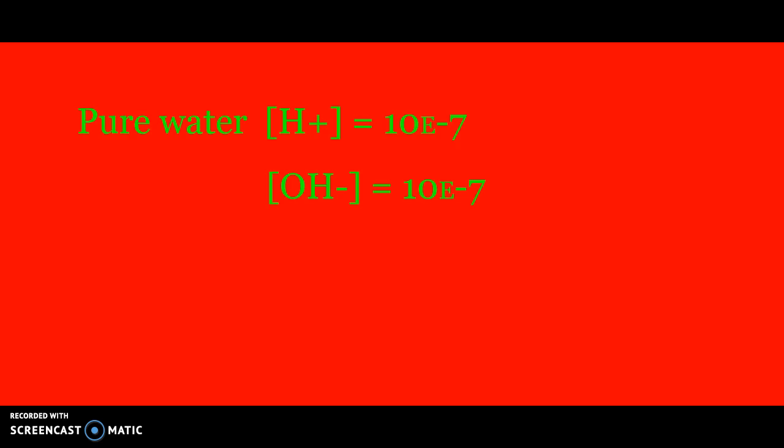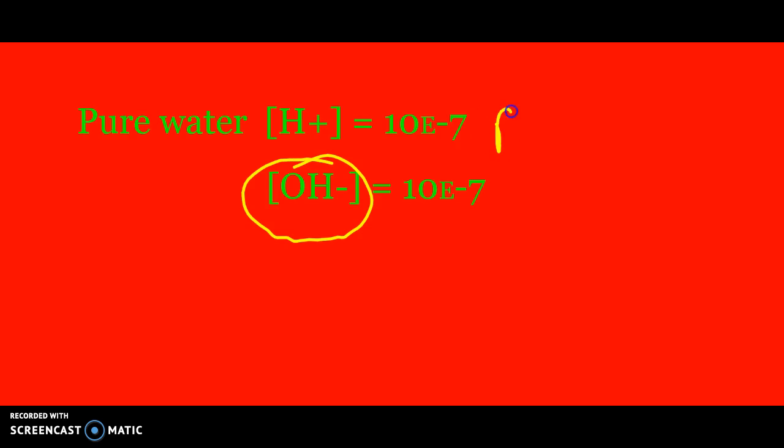Anyway, so here's a cool little thing. Pure water. Let's not get too bunched up on this, all right? But pure water ionizes slightly, and the hydrogen ion concentration is 10 to the negative 7th. And the concentration of hydroxide? Yes, the hydroxide ion concentration, which is a measure of base, is also 10 to the minus 7th.